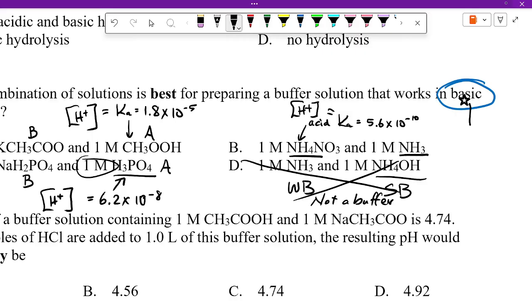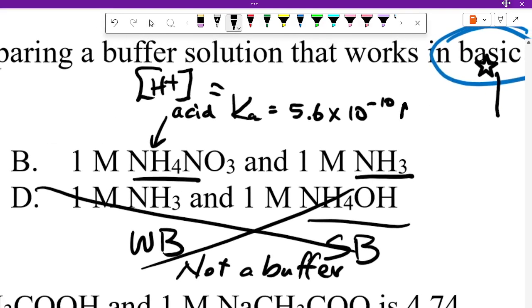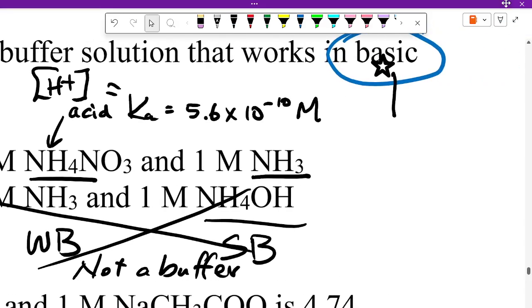Which one is the closest to basic? B. Because if hydrogen is 10 to the negative 10, then what would our pH be? 10-ish, approximately 10. So that buffer will sit at pH 10, and it will keep the pH close to 10.